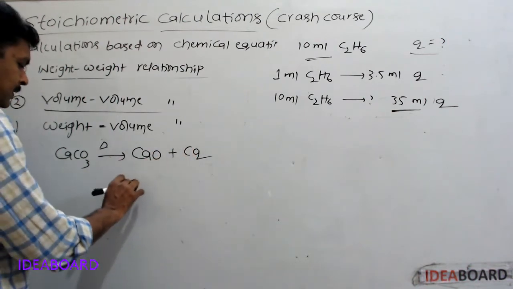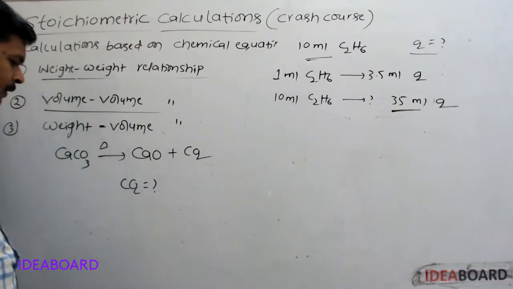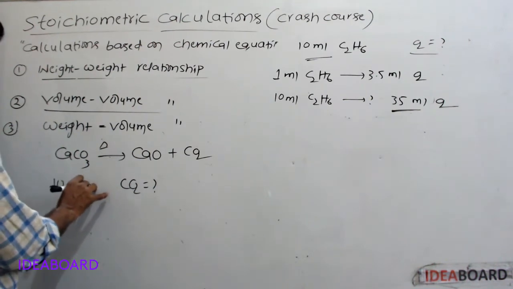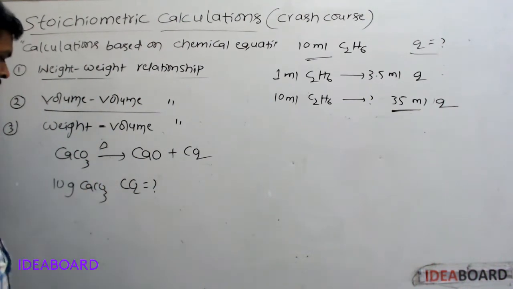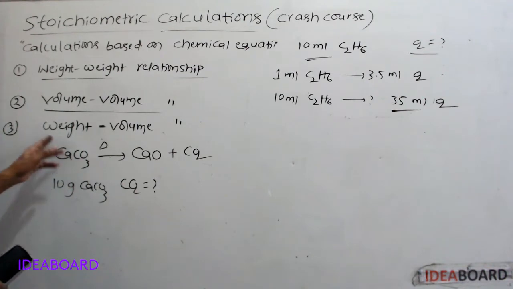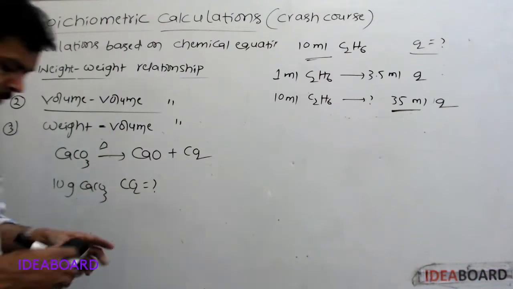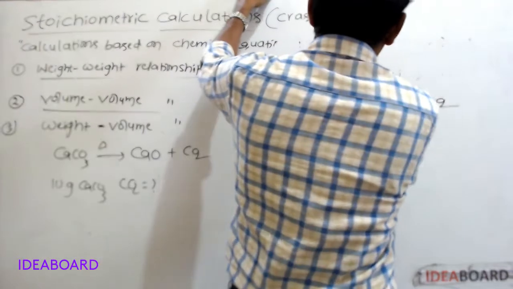Weight of this calcium carbonate is given. We should calculate volume of CO2 gas liberated from the stoichiometric equation.